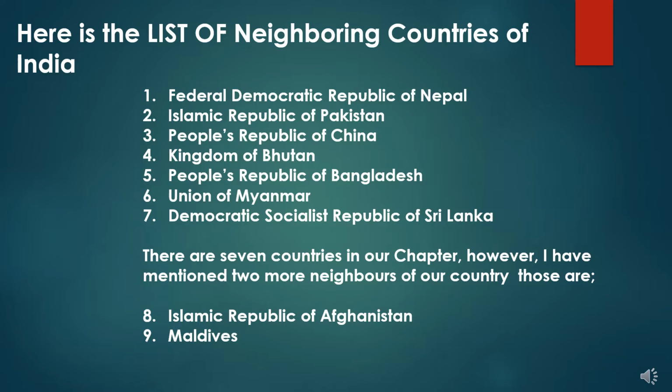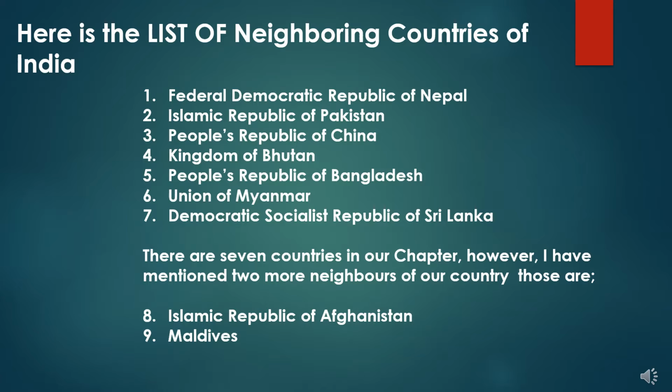Here is a list of neighboring countries of India. Number 1. Federal Democratic Republic of Nepal. 2. Islamic Republic of Pakistan. 3. People's Republic of China. 4. Kingdom of Bhutan. 5. People's Republic of Bangladesh. 6.